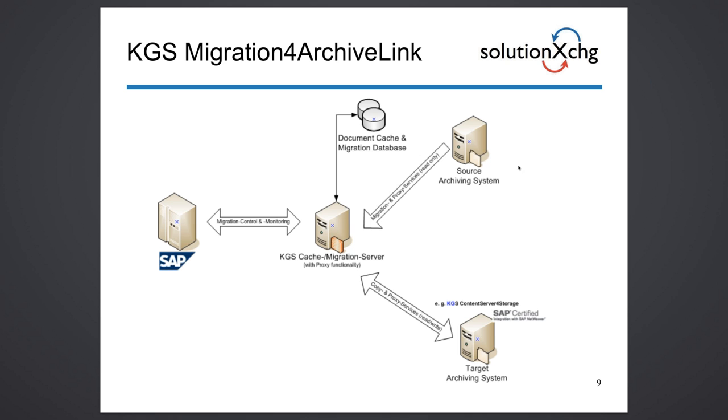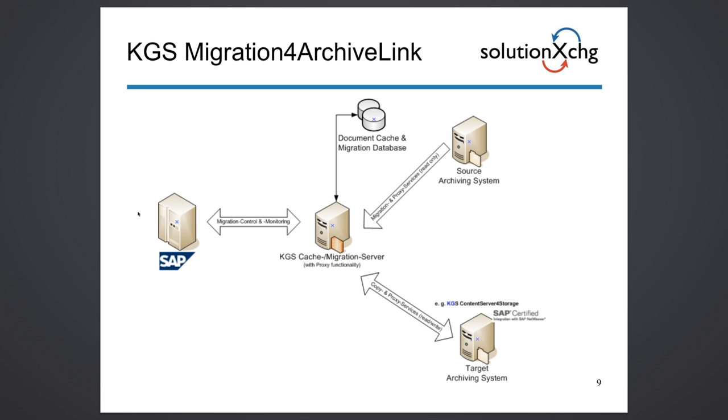So up here is your source system, your ailing legacy system, the system you maybe want to get your data off, and the KGS migration server with proxy functionality is inserted in the middle.